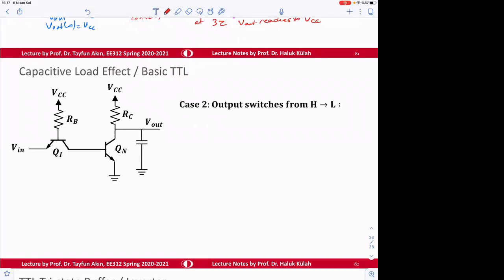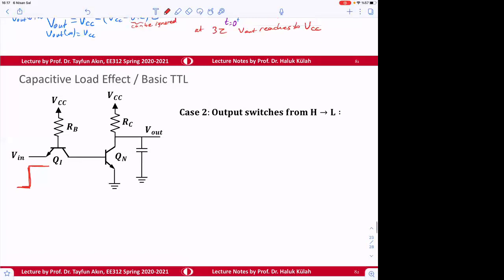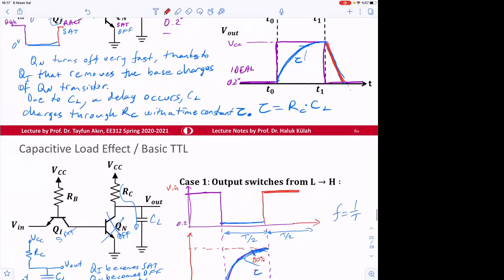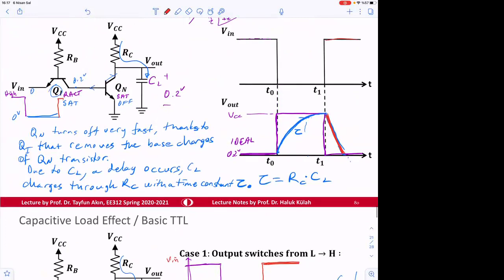Okay. So when the signal goes into high, that's the case. So it used to be low, it goes high. So when this goes high, right now this is the case, or this is the case.